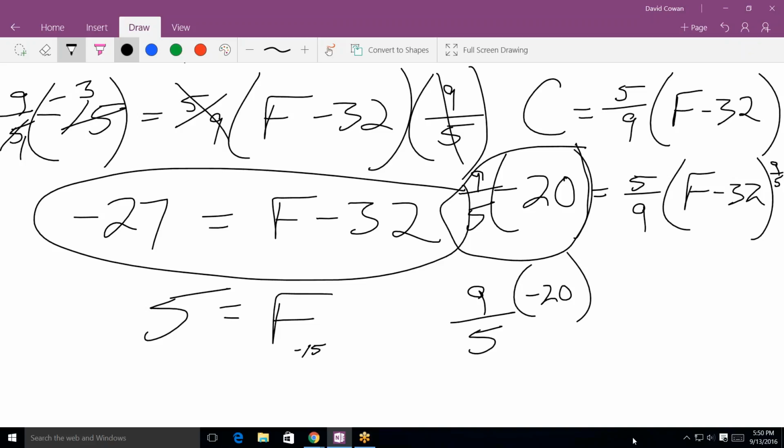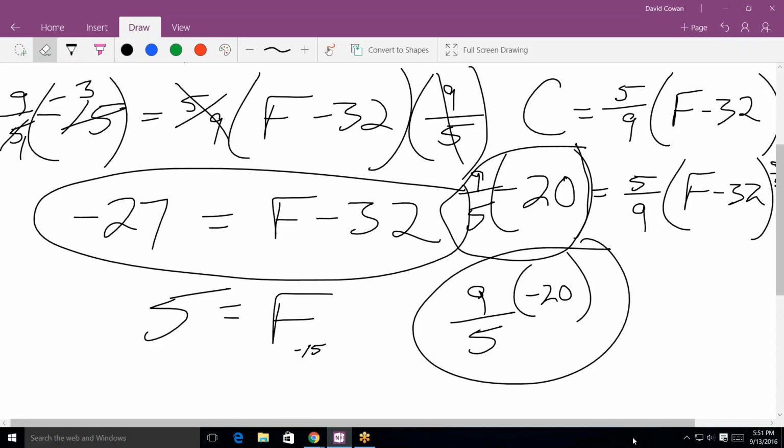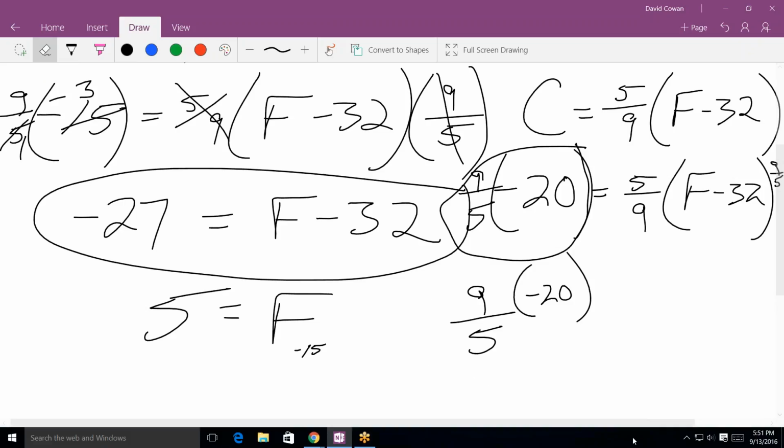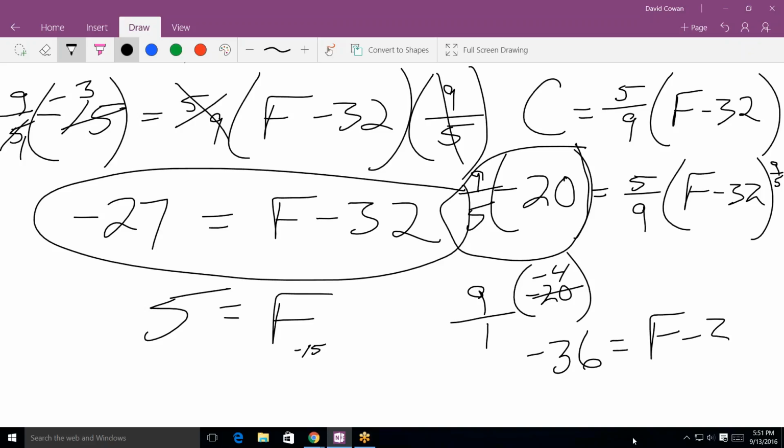And I can take any fraction and multiply or divide it by 1 without changing it. So that's what you're doing when you are simplifying: I'm dividing the bottom by 5, leaving 1, and I'm dividing the top by 5, leaving minus 4. Now it's real simple. 9 times minus 4 is minus 36 equals f minus 32.